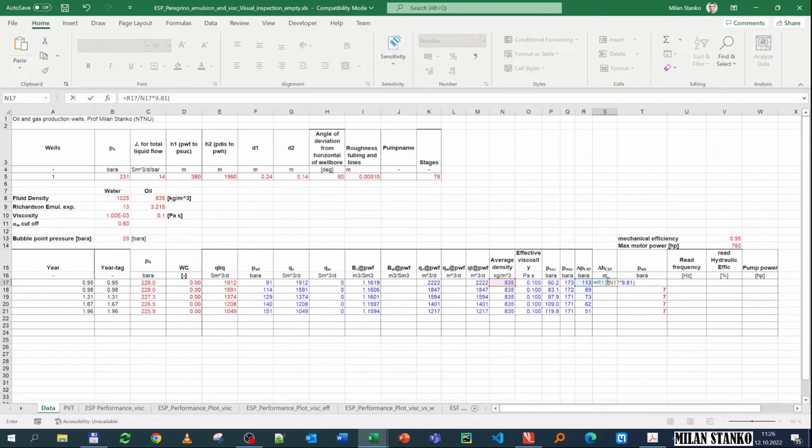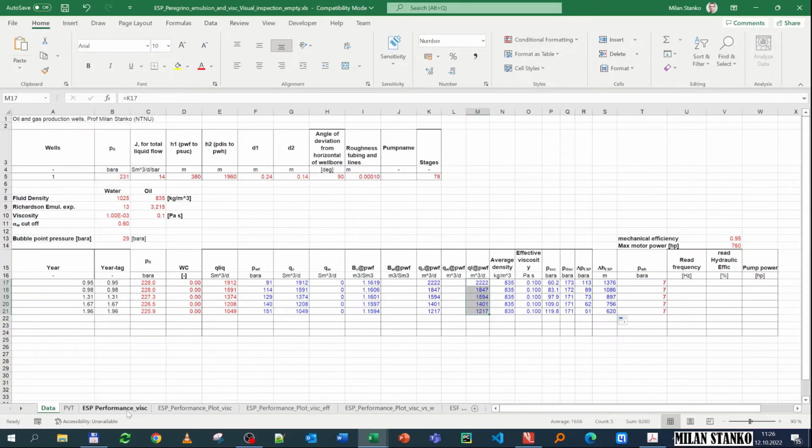This is the definition of head, and I have to also convert from bar to pascals so that I am consistent with the units. It gives me meters. Okay, so these are the combination of delta H and also the combination of the rate.